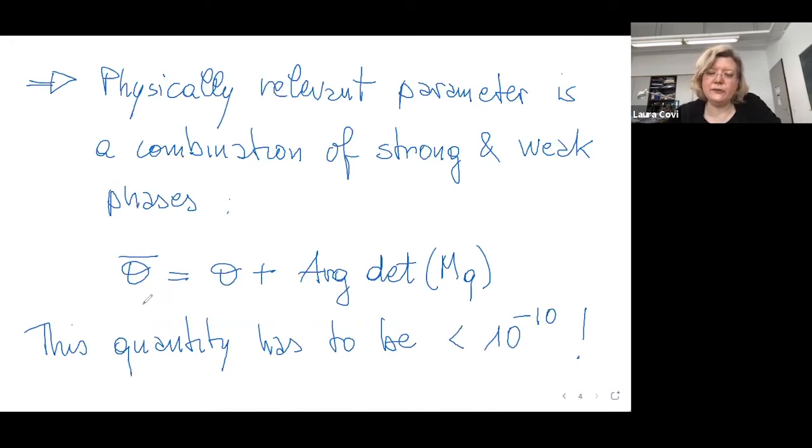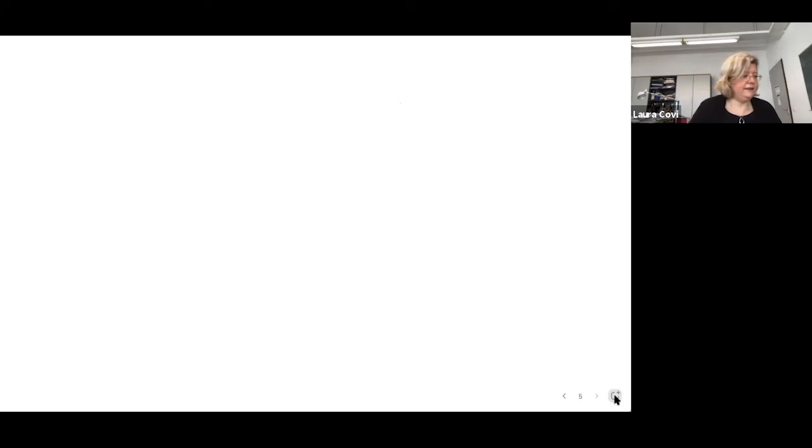But this is not so satisfactory from the theoretical point of view. A much better way to deal with it is to make it a dynamical quantity, which in some sense relaxes to 0 due to its potential. And this is exactly the solution that was proposed by Peccei and Quinn in the 70s.